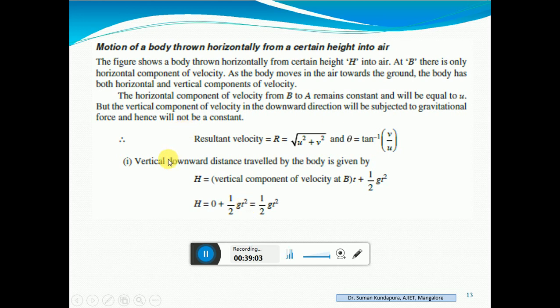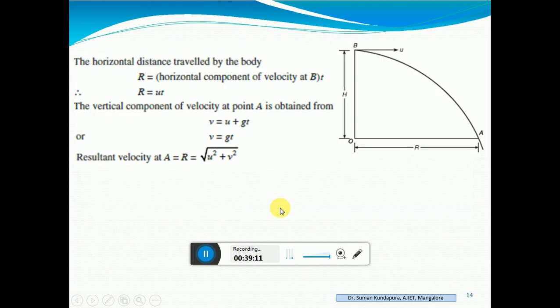So the vertical downward distance travelled by the body is given by h is equal to half gt square. Next one is the horizontal distance, which is horizontal component of velocity into time t, r is equal to ut. Vertical component of velocity at point A is obtained from the equation v is equal to u plus gt.